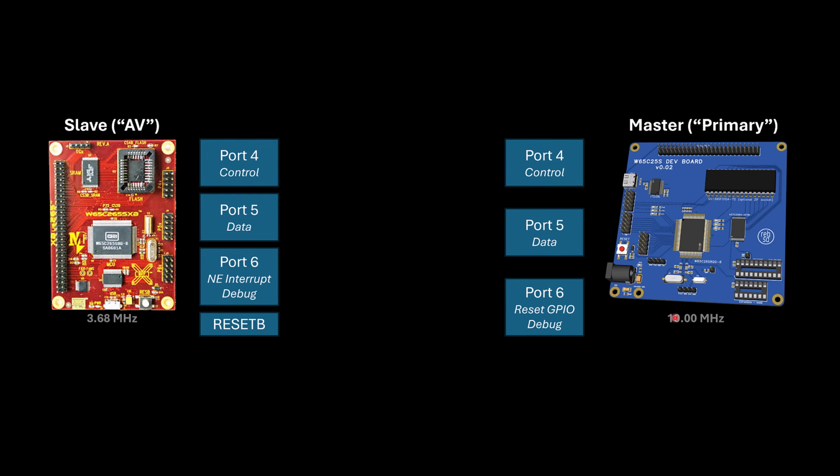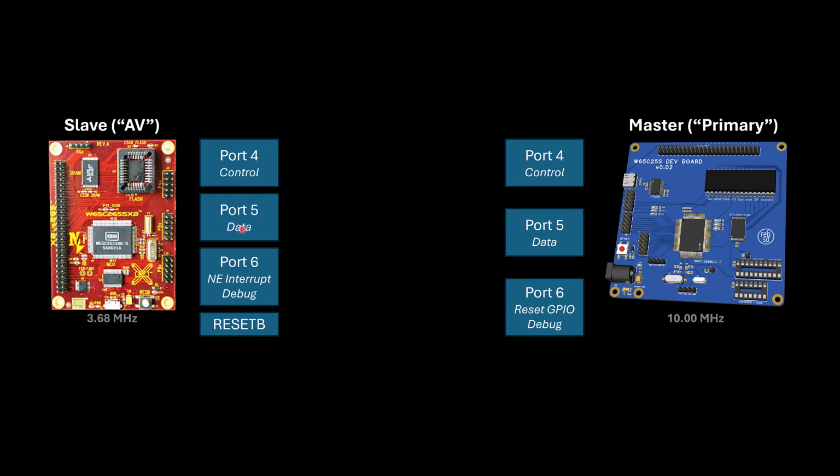And then I've got some debug LEDs hooked up to a couple of the GPIO just to show me that my board is running, that it's in its main loop, doing its cycling and not stuck somewhere. Now on the slave, I'm going to use the same port 4 for control signals, port 5 for data. You don't have a choice about that. Those are what PIB has to use.